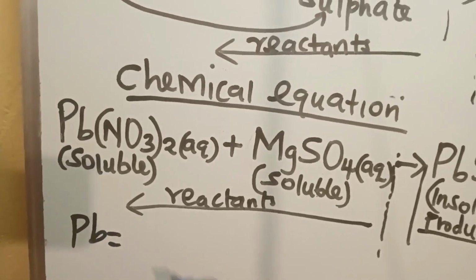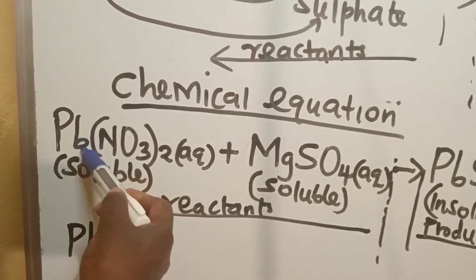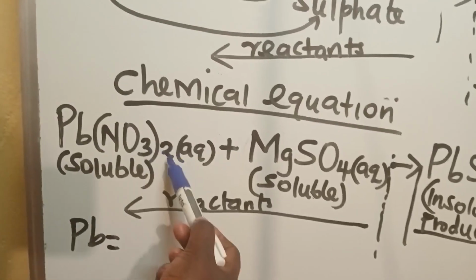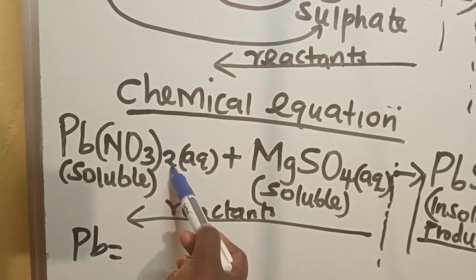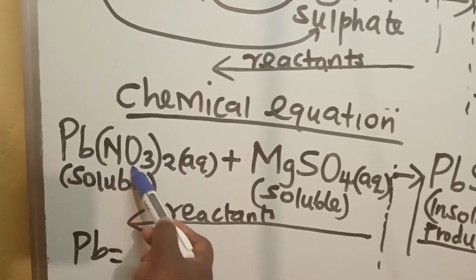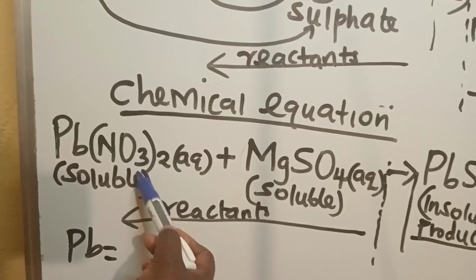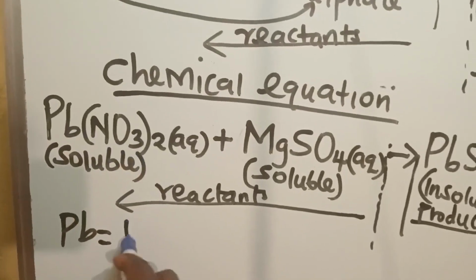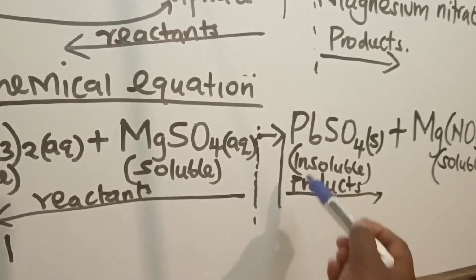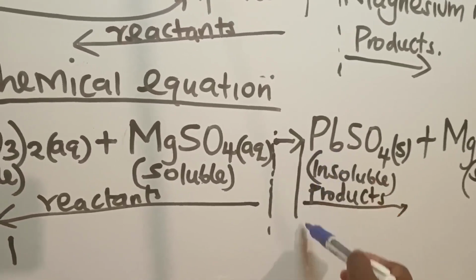How many leads are on the reactant side? We have 1. Why 1 and we have a 2 here? It's because this 2 does not belong to lead, it belongs to these elements that are in the bracket. So lead is just 1. We go to the product side. Again, lead is just 1.